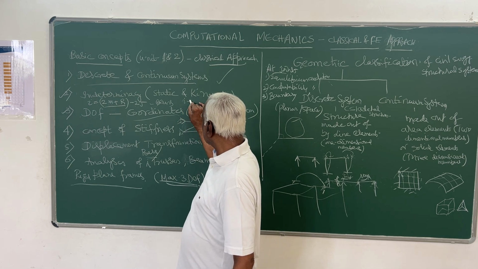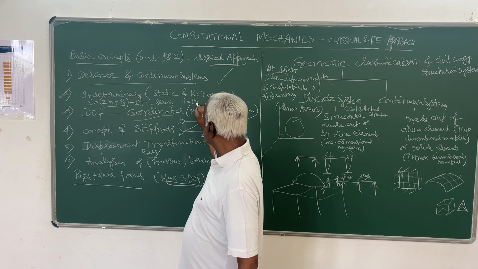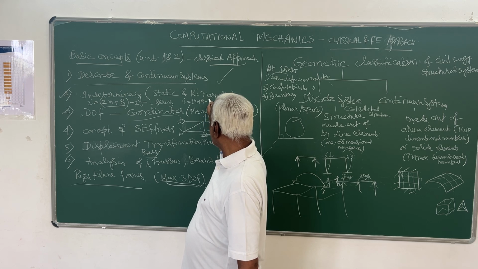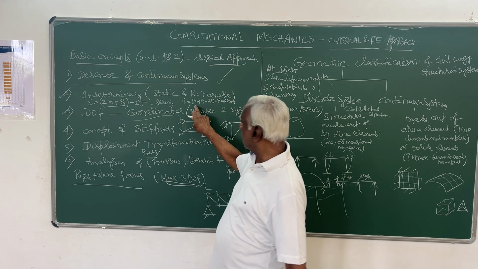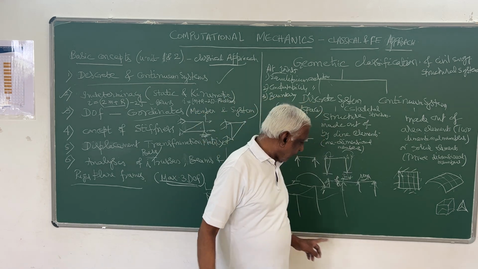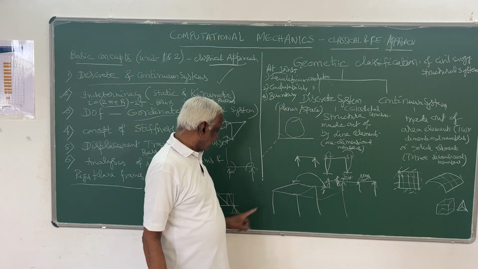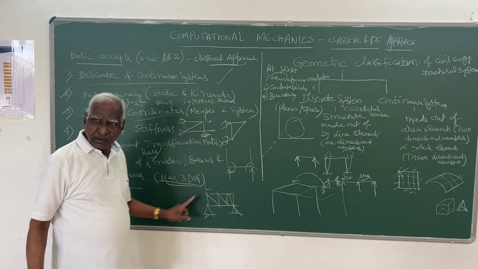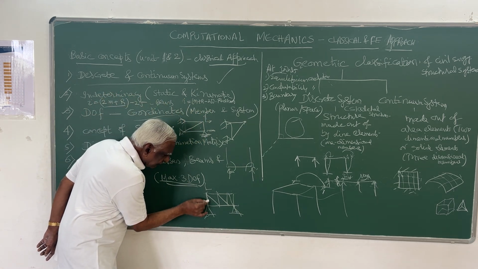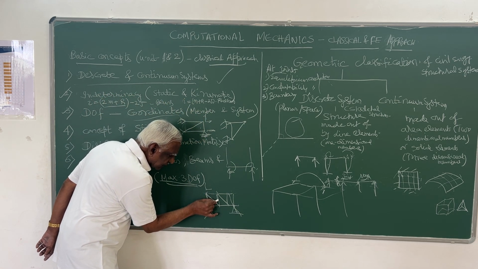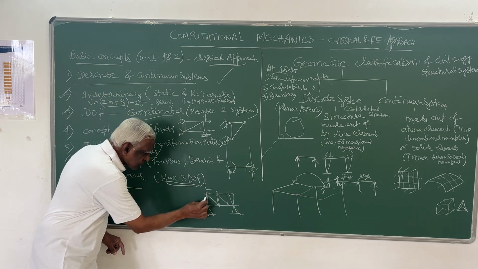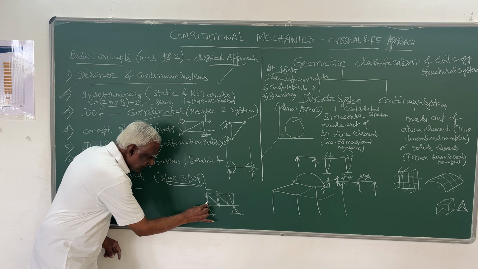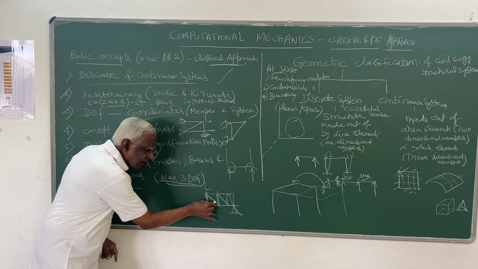Similarly, static indeterminacy for a truss is m plus r minus 2j. That is for a plane truss. Each member of a plane truss is subjected to only one internal force, that's axial force. Either it may be tensile or it may be compressive.